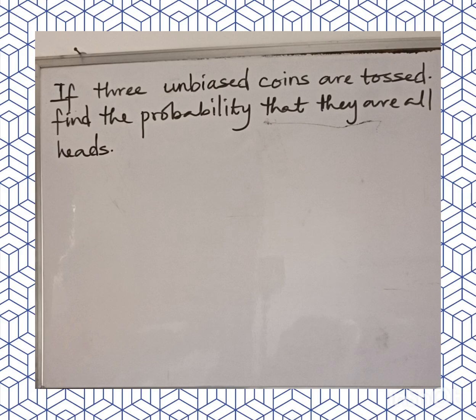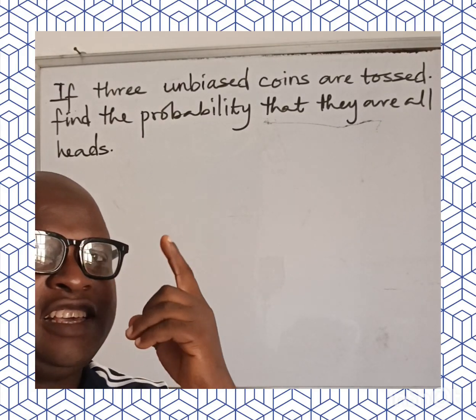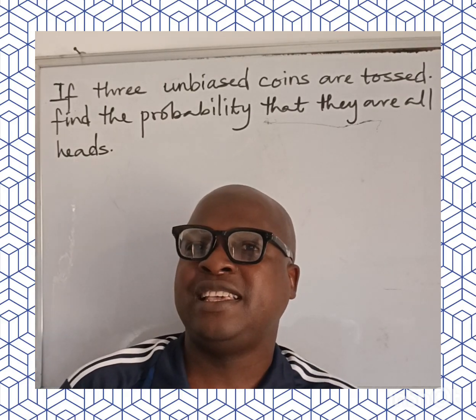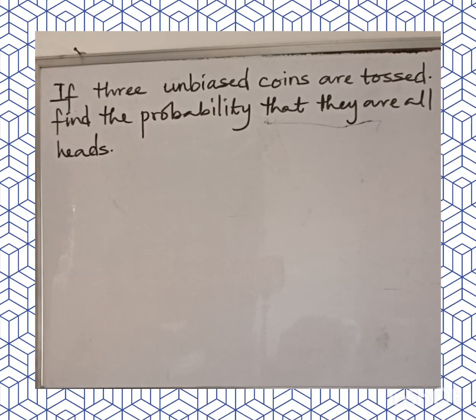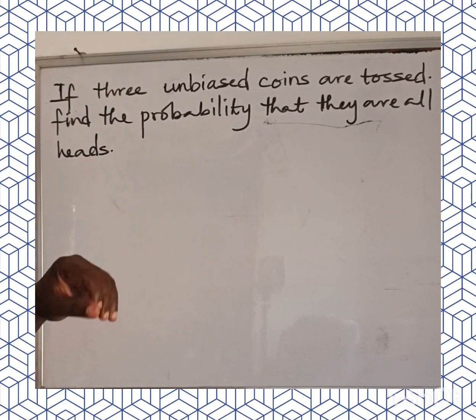That is the meaning of unbiased here. So the probability of obtaining a head is 1 over 2, and at the same time, the probability of obtaining a tail is also 1 over 2. When their probabilities equal one another, you can term them unbiased coins. So if three unbiased coins are tossed, find the probability that they are all heads.